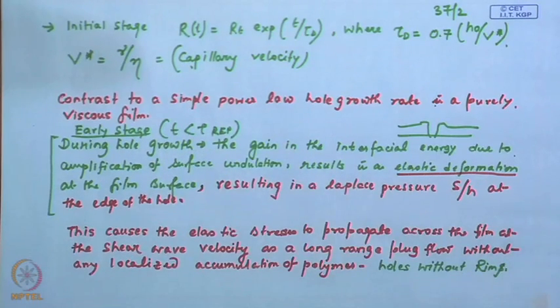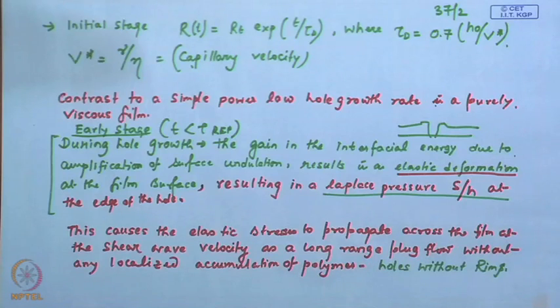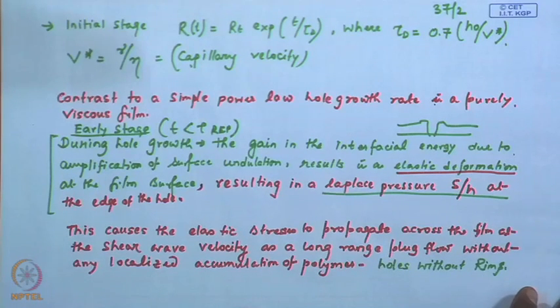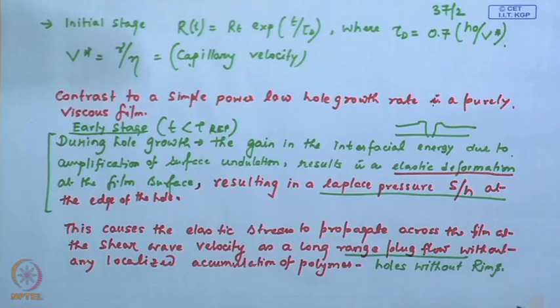During hole growth, the drain in the interfacial energy due to amplification of the surface undulation results in an elastic deformation at the film surface, which results in a Laplace pressure at the edge of the hole, and this causes the elastic stress to propagate across the film at the shear wave velocity as a long range plug flow without any localized accumulation of the polymer. So, we get holes without rims.